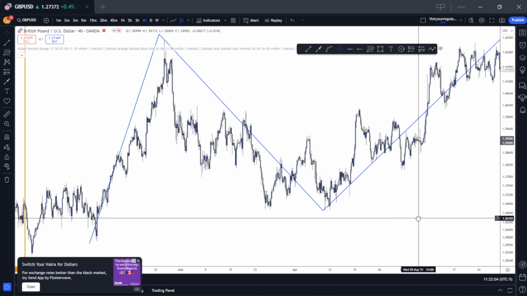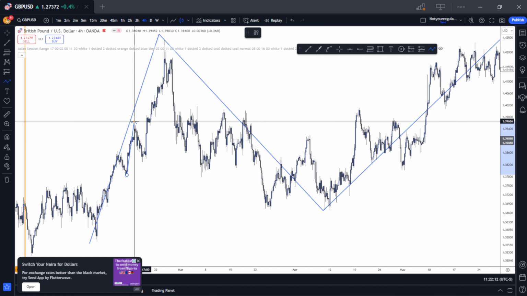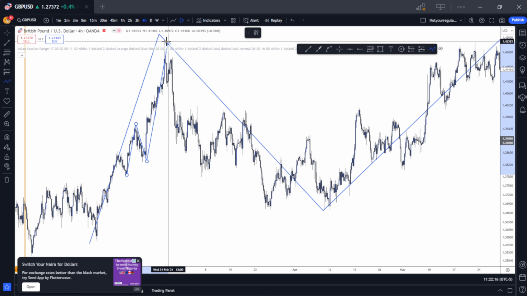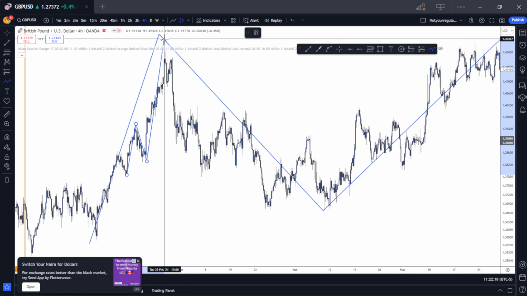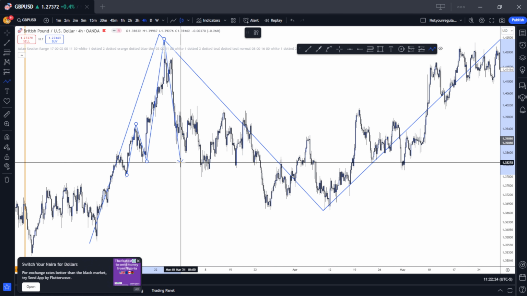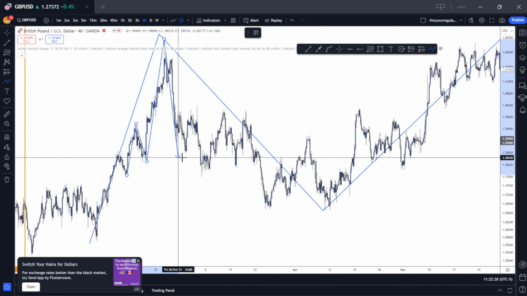So where is our internal structure? This was our internal structure: higher low, higher high, higher low. Then we had this expansive move to the upside, this higher high. Then this here was our break of structure point.